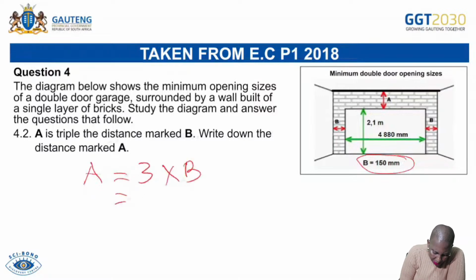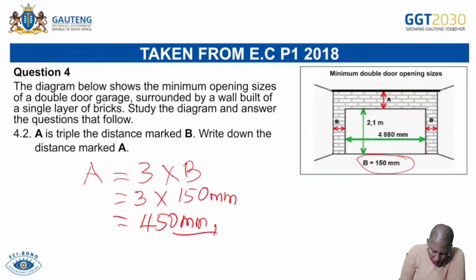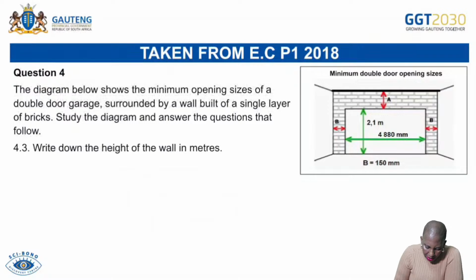B, the distance B, which is 3 times 150 millimeters. That will give us 450 millimeters. Simple, straightforward. They did not say we must convert or write our answer in meters or in centimeters or what. They just said write the distance.